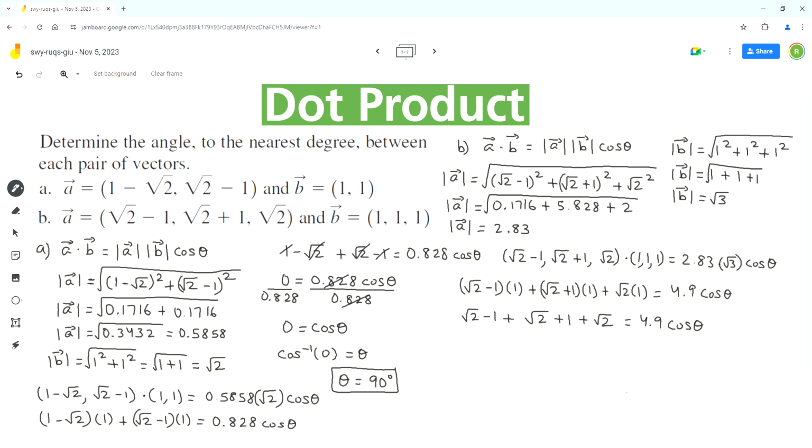Now we can combine like terms on the left side. The ones get cancelled out, and we can add the 3 square root 2's. So we get this. Now we can divide both sides by 4.9.